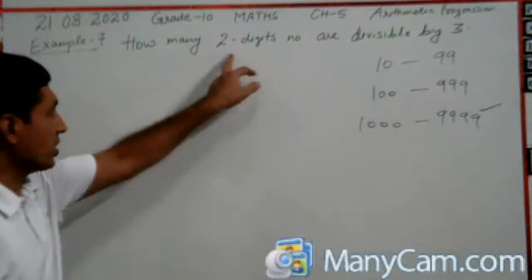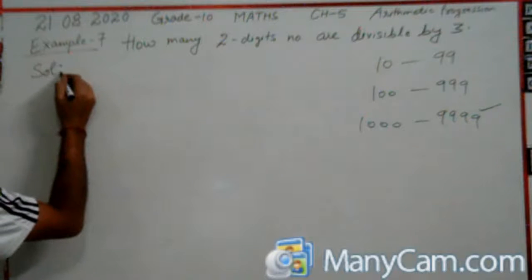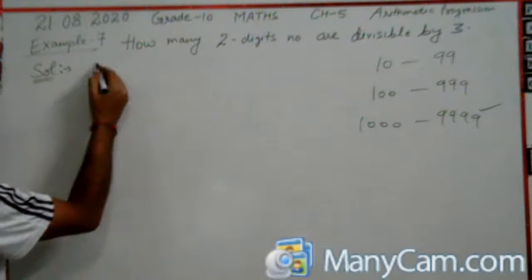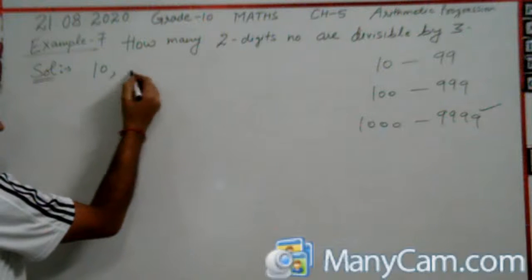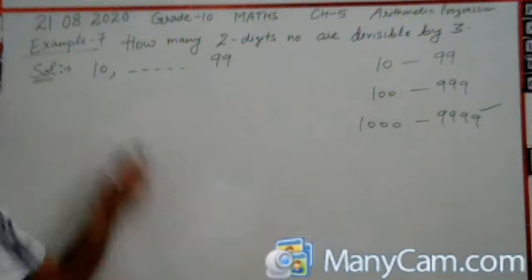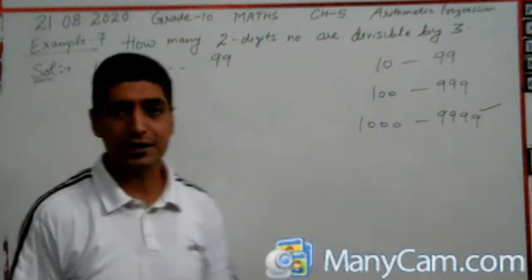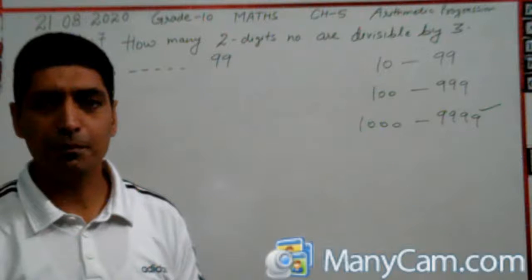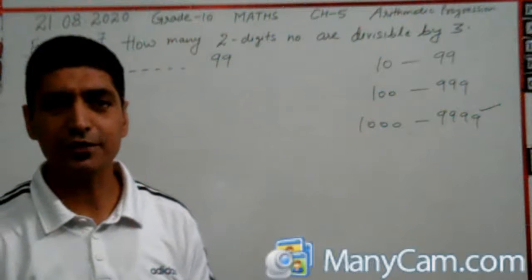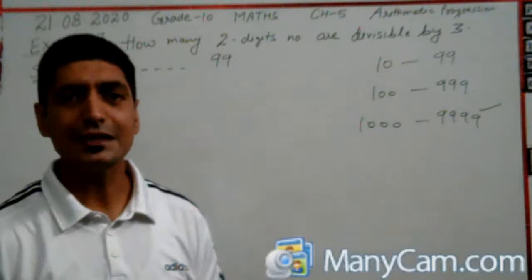In this question, we have 2-digit numbers. So 2-digit numbers start from 10, 11, so on to 99. But what is the AP we want? We want the numbers which are divisible by 3, or the numbers which come in the table of 3, or in simple words, the multiples of 3.